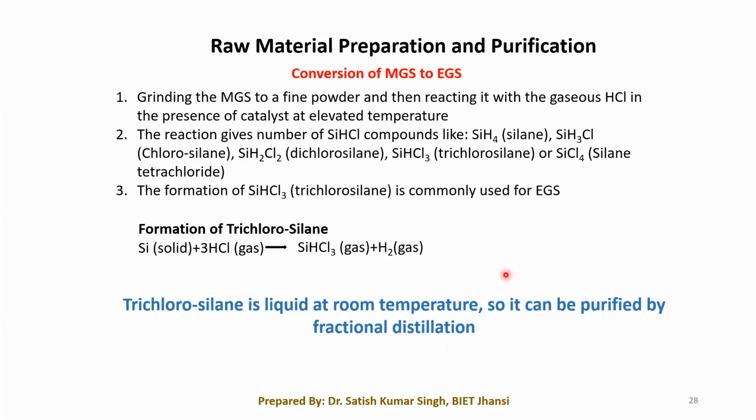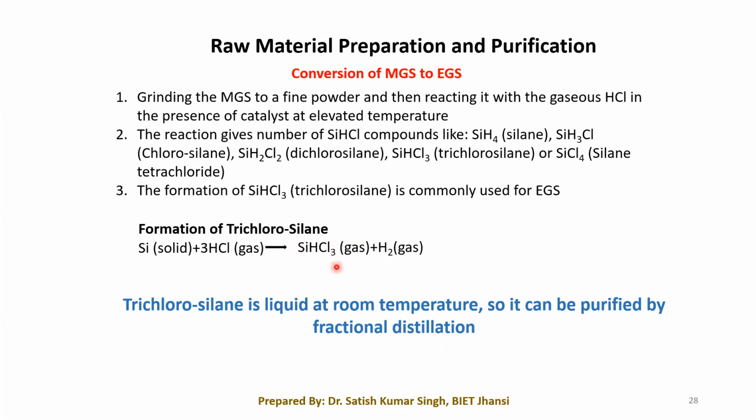In fractional distillation, we boil this liquid. Different materials have different boiling points and vaporize at different temperatures, and therefore we can separate the silicon from the impurities.